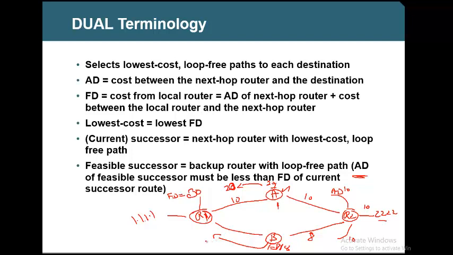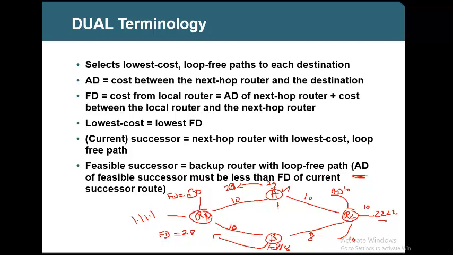R1 receives 18, that is called AD, isn't it? And router 1 says, okay, between you and me it is 10, then 18 plus 10 is 28. So FD via B is 28. Now which one is the successor path? Via B. Agreed? Via B.